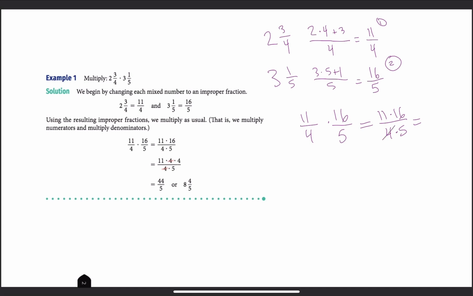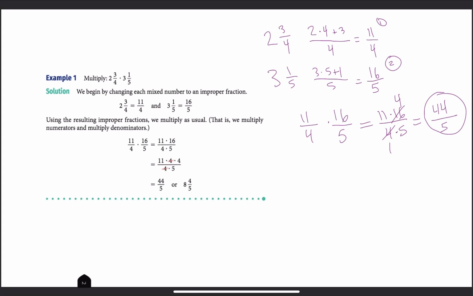I see here I can reduce because 4 goes into 4 once and into 16 4 times. So 4 times 11 is 44, over 1 times 5 is 5. And I can leave it like this, or I can turn it into a mixed number. And since I started with mixed numbers, it would be the best practice for me to turn it into a mixed number.